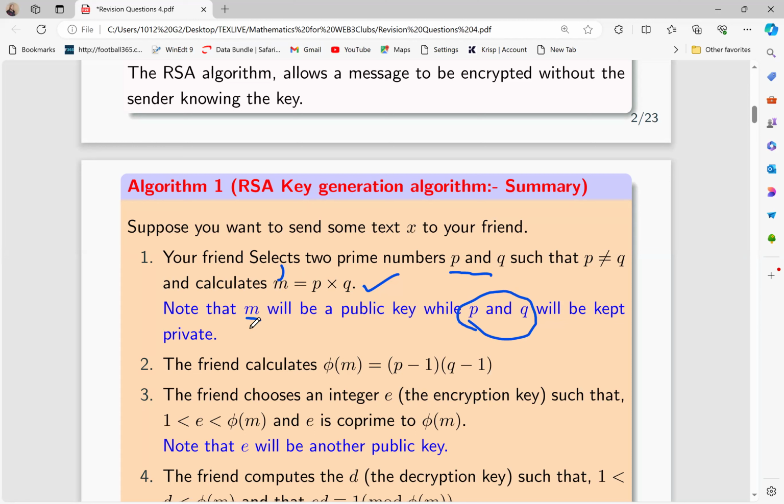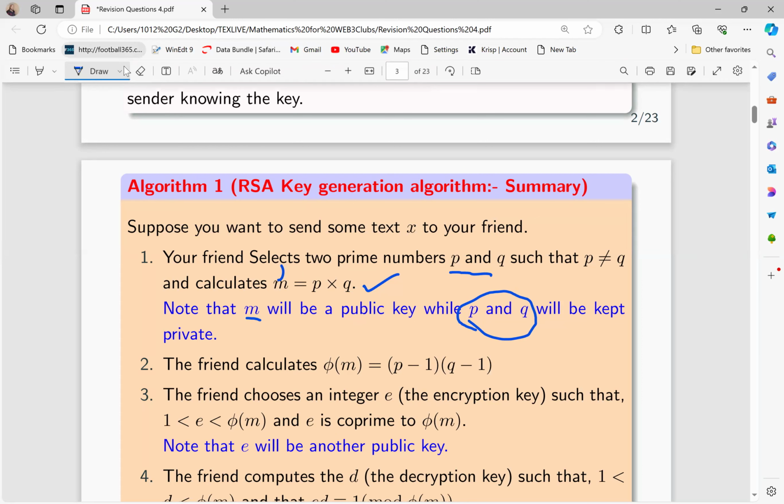He only gets the product and exposes the product to whoever wants to send a message to you. Now that was the second duty. The first duty was to choose two prime numbers. After choosing them, he gets the product of those two prime numbers.